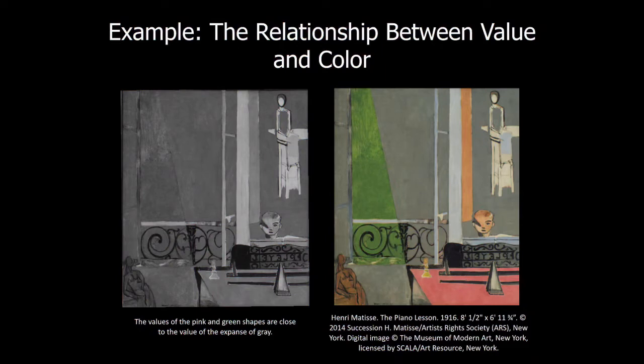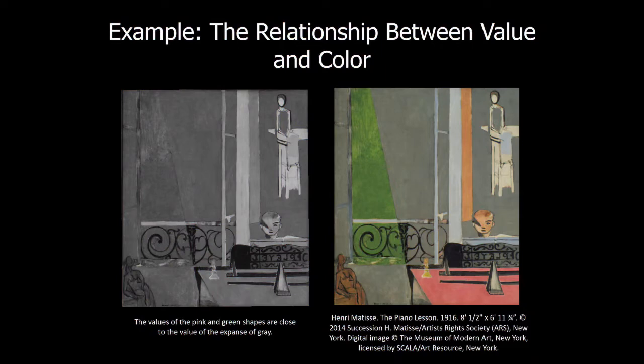And if we look at these examples here, even though the image on the right has color on it, we can imagine removing the color from this image. If we were to remove the color from the right side, it would look very much like the left side.